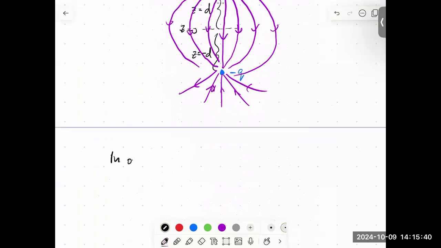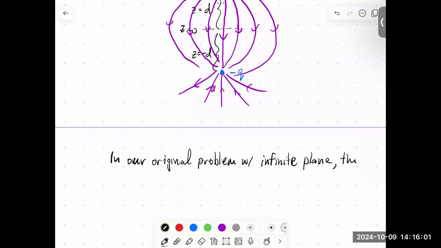So what are the boundary conditions? In our original problem with the infinite plane, our boundary conditions would be... We're going to start using the term boundary conditions quite a bit, so I'm going to write B dot C for boundary conditions.